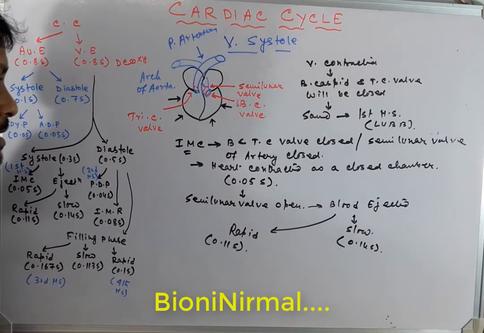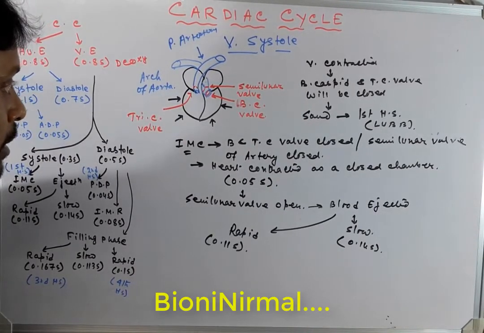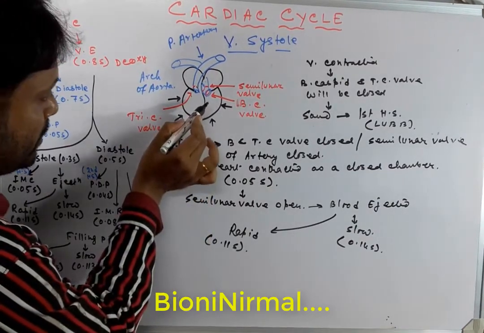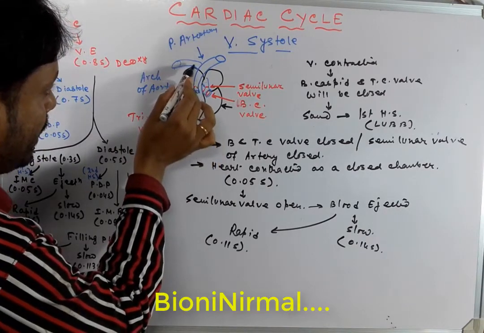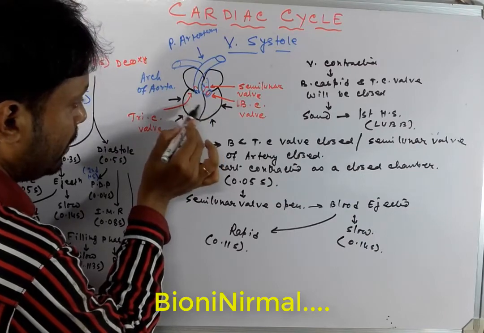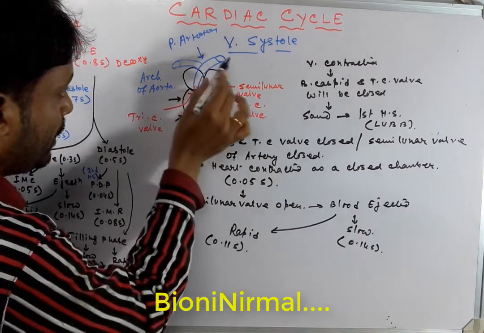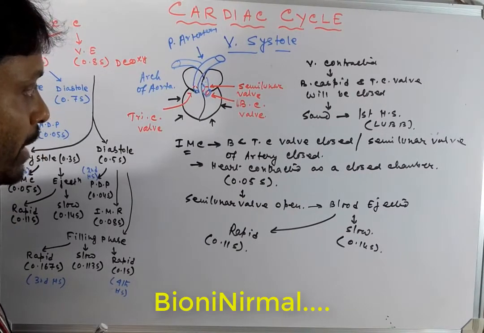By the process of ejection, the oxygenated blood is removed from the left ventricle through the arch of aorta throughout the body, and from the right ventricle through the pulmonary artery towards the lungs. This is called blood ejection.